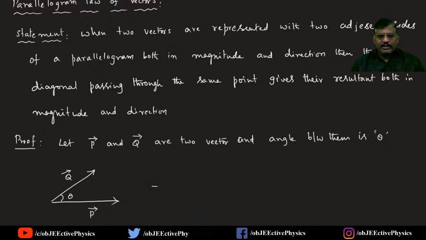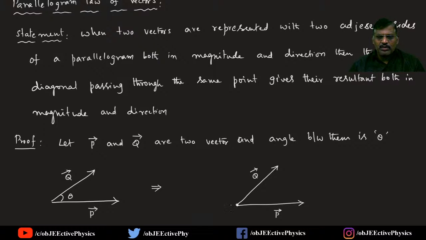According to the statement, let us now draw P bar as it is, and Q bar also as it is. P bar and Q bar are now the two adjacent sides of a parallelogram. Then the diagonal passing through the same point.